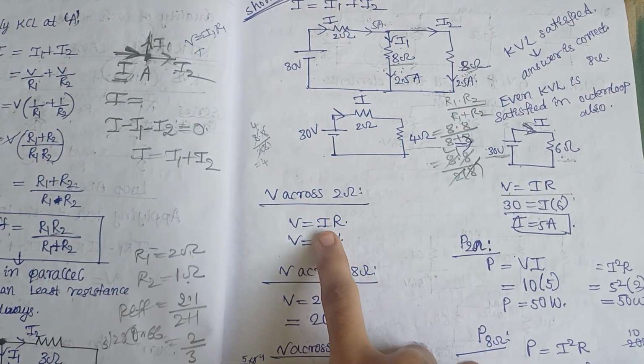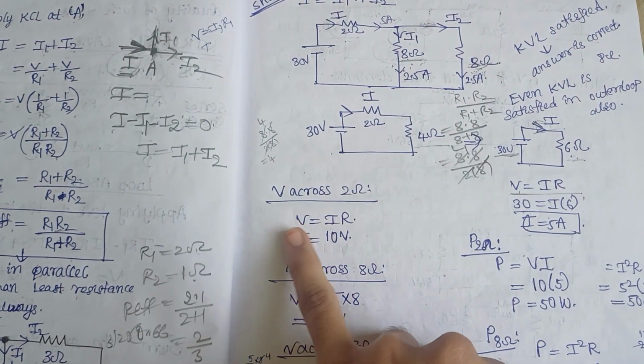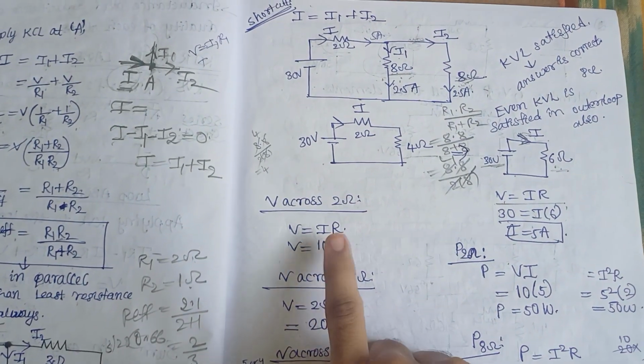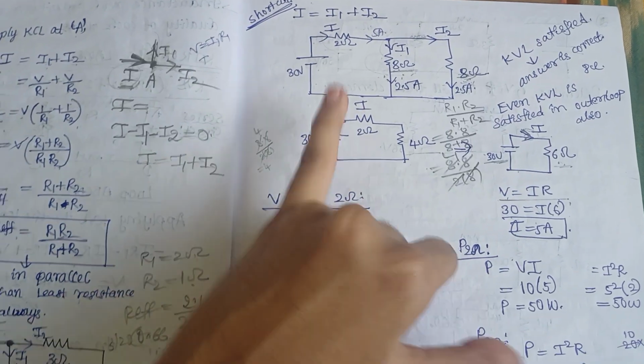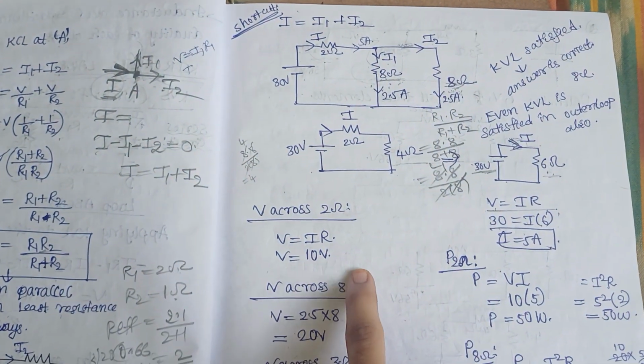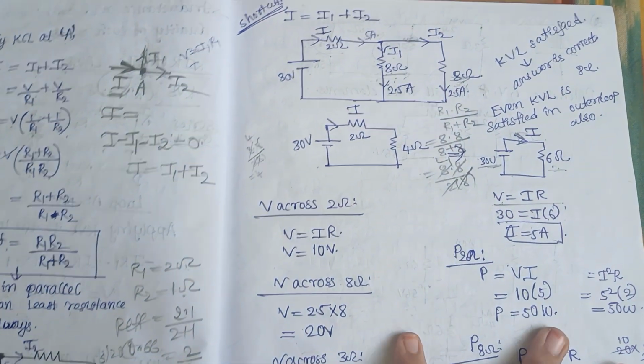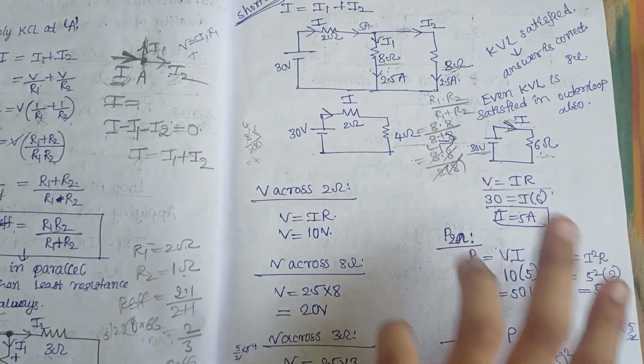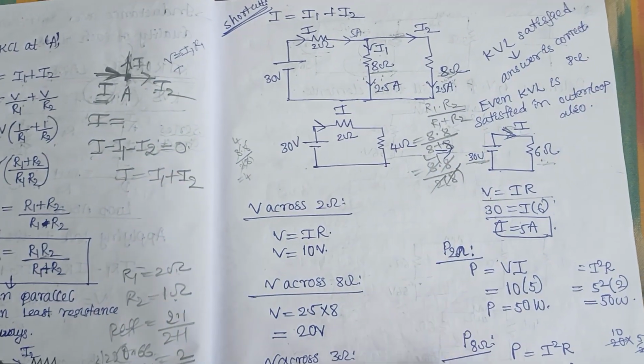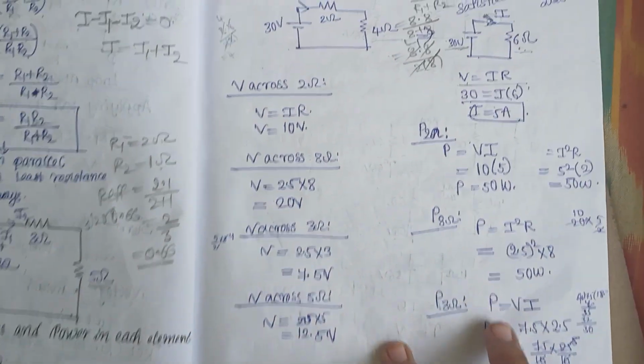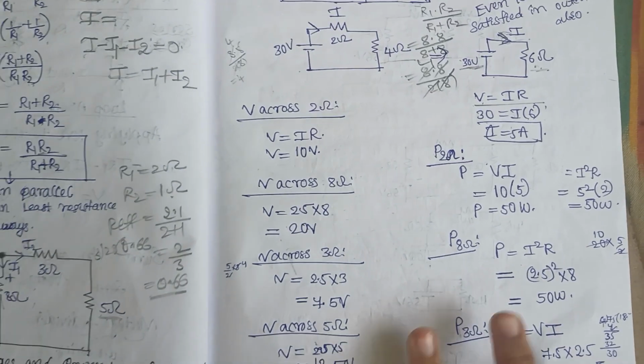So the voltage across this 2 ohm is current multiplied by the respective resistance, which is 5 into 2, which gives you 10 volt. In a similar way, you can calculate for this 8 ohm, and then for this 3 ohm, as well as for your 5 ohm. Hope you can do that.